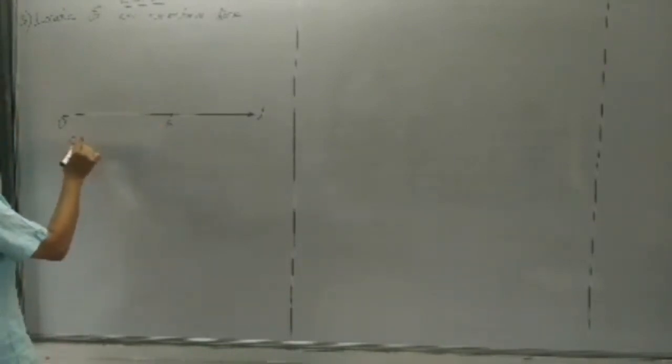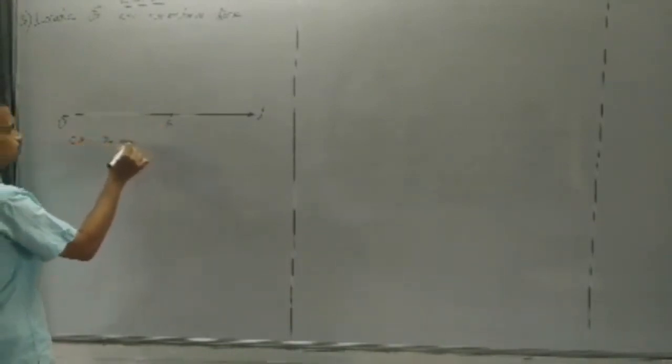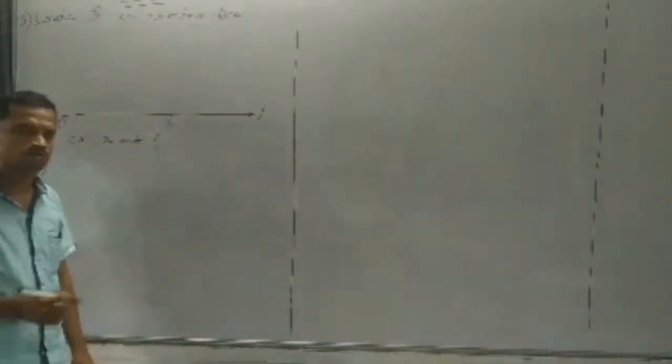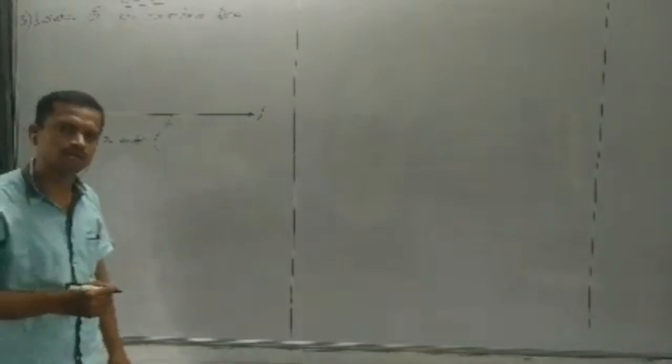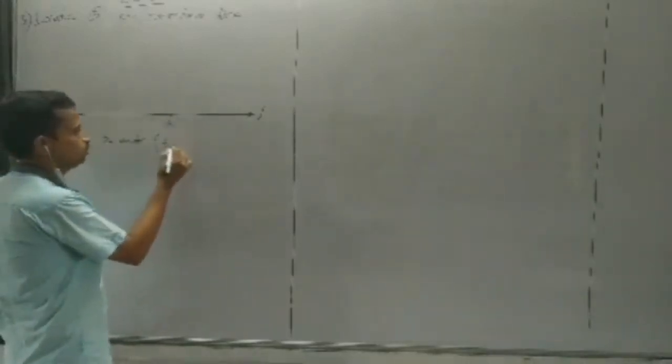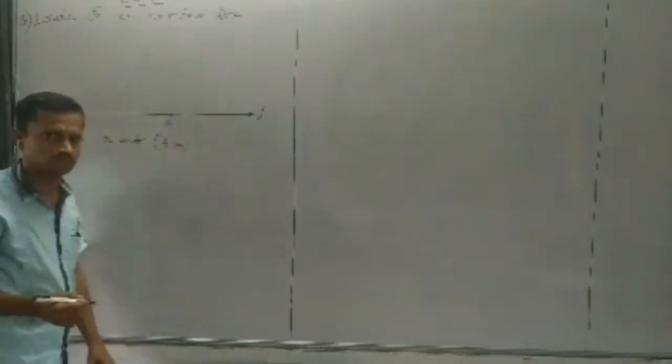So OA is 2 units. Before, for 1 unit we took 2 centimeters. Therefore for 2 units, 4 centimeters you have to take. Is it clear?